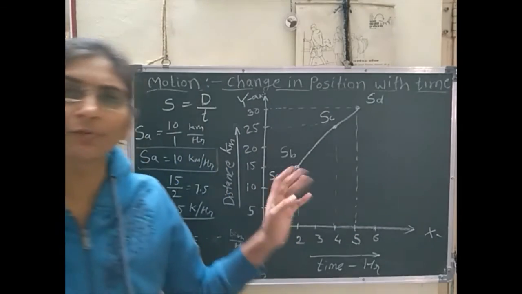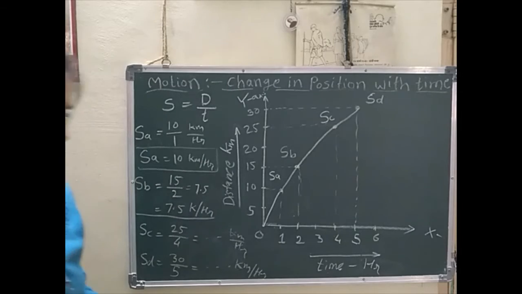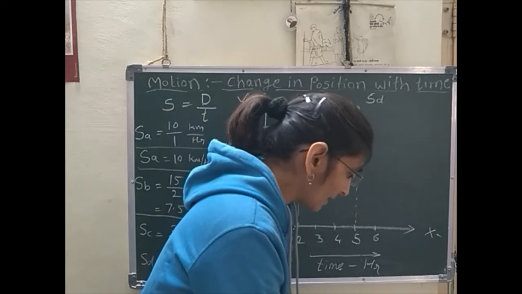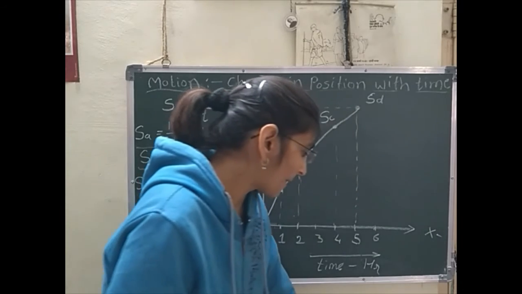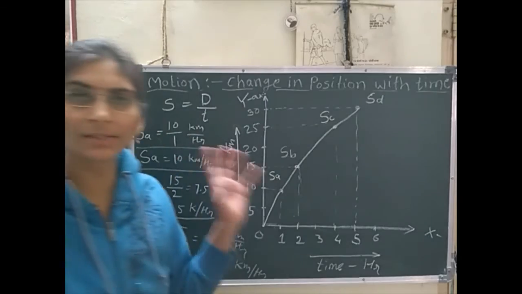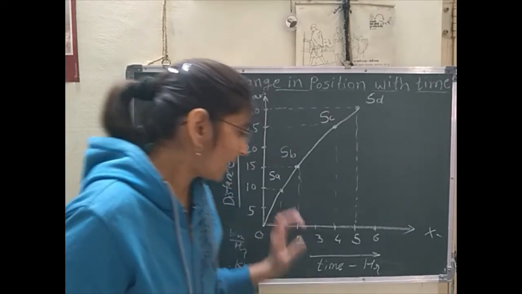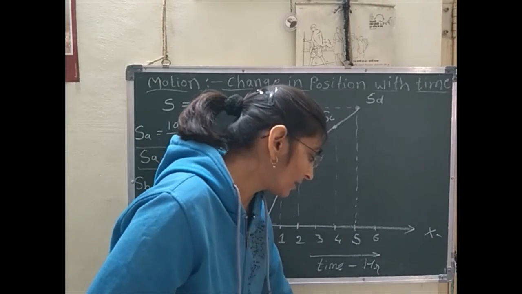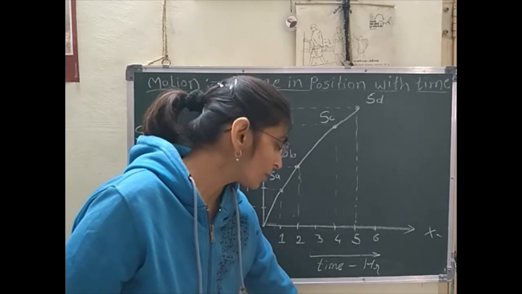So situations will be different, but we can plot the graph in this manner. Here it is also given in our textbook that you can see, and you can try. The distance traveled by the bus, बस ने जो डिस्टेंस ट्रैवल किया वो है, page number 154, at 8 o'clock, then 8:30, 9 o'clock, 9:30, and at 10 o'clock.